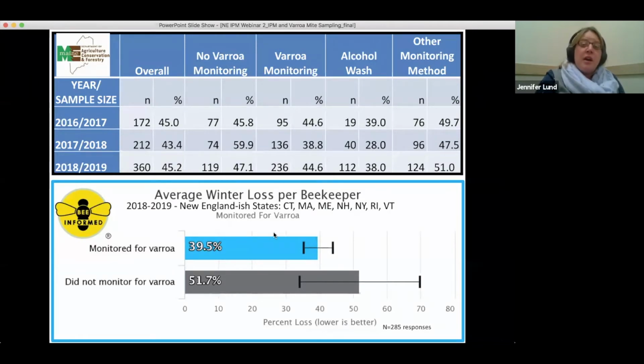And then these other methods of monitoring, things like looking for mites on the backs of bees, or looking for drops on a sticky board, counting drops, or even the sugar roll, the losses for people who are doing those alternative methods are around 50%. And so those methods are definitely not giving beekeepers a good idea of what's going on in their hive.